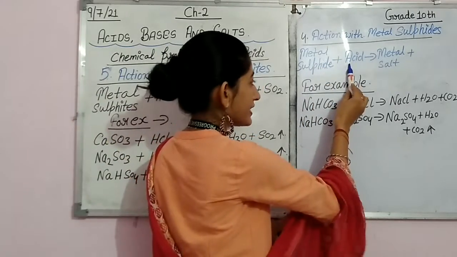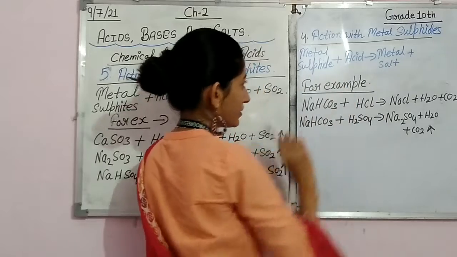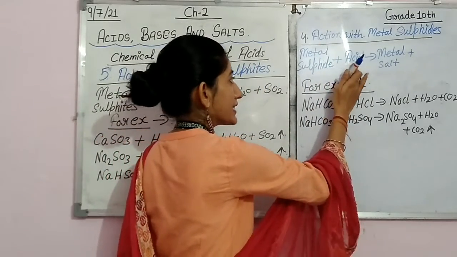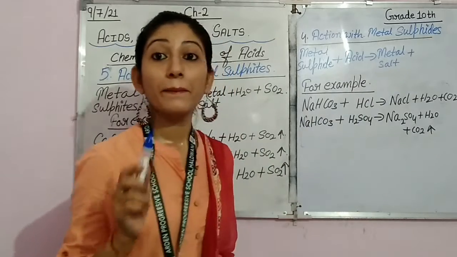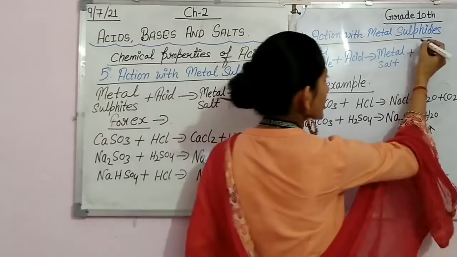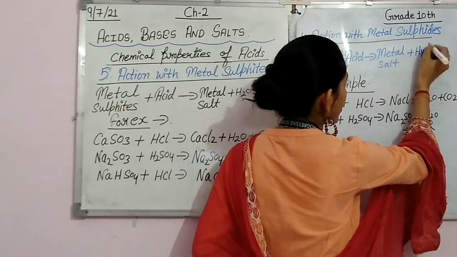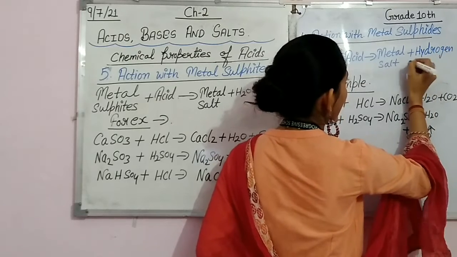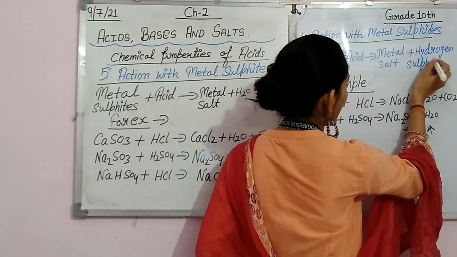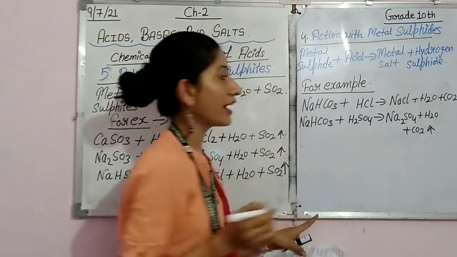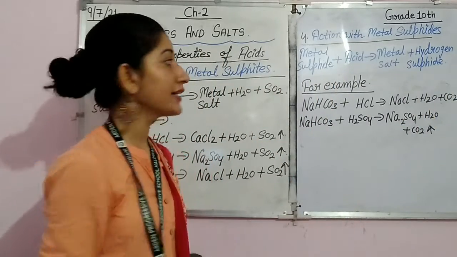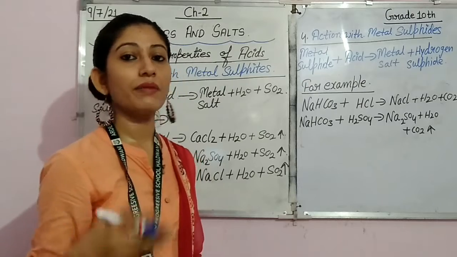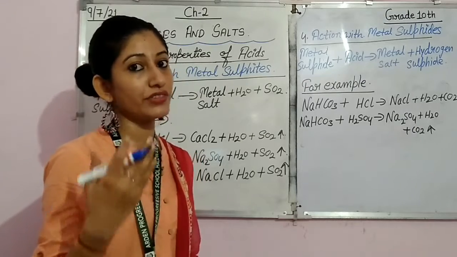So we will take acid, then metal salt is formed. Okay, this is clear to everyone. Metal sulfide plus acid gives metal salt, plus what will be released? Hydrogen sulfide. When we react metal sulfide with acid, then in the product we get metal salt plus hydrogen sulfide.